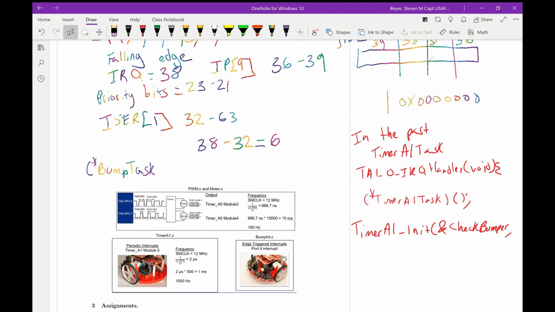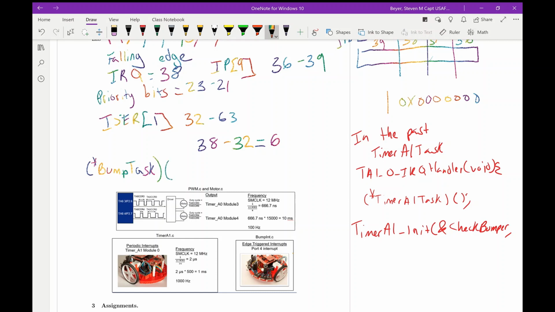Well, this time we're going to use bump task, and we're actually going to pass an input to the bump task. And if you think about it, what that would be then would be the actual values of the bump sensors. And since we care about all 6 of the bump sensors, we need to just read all 6 of the bump sensors.